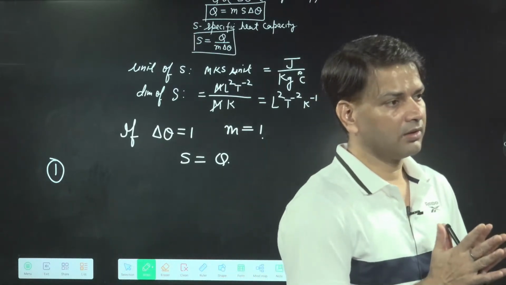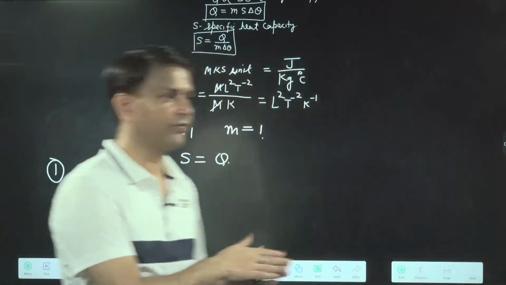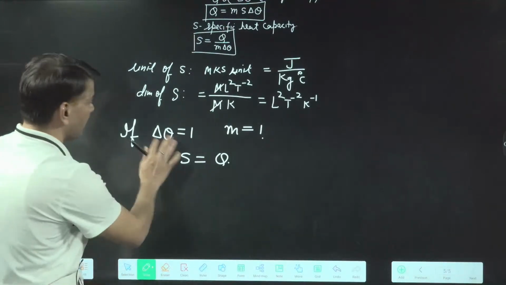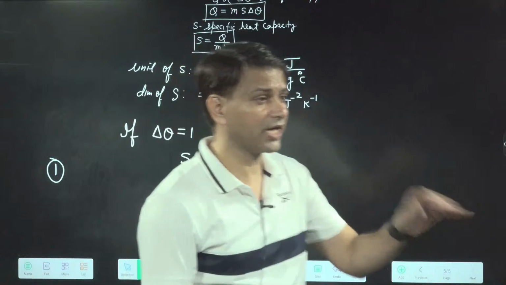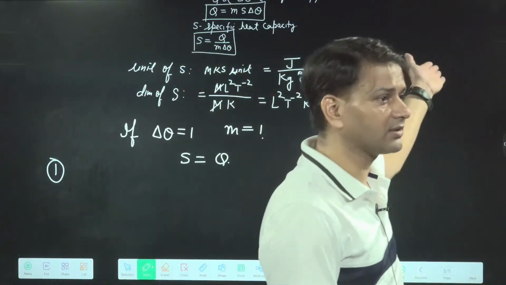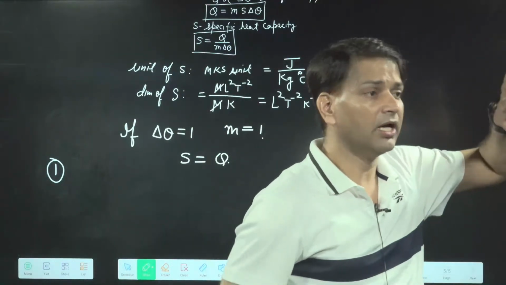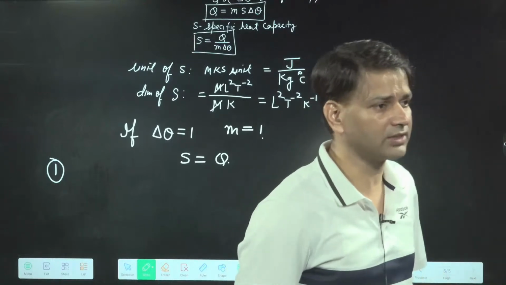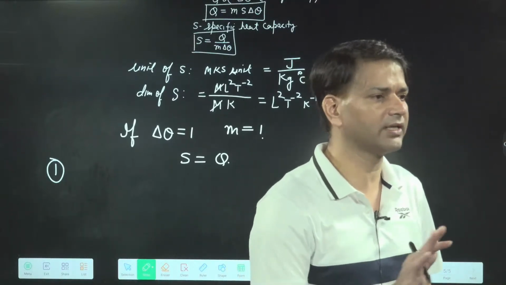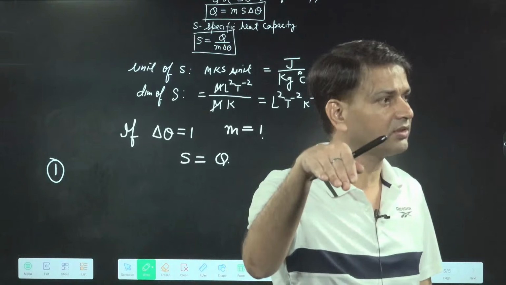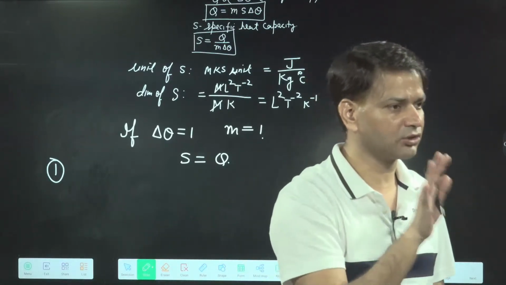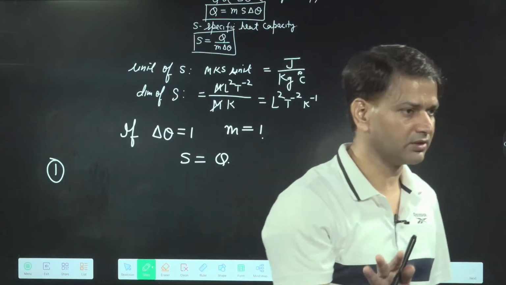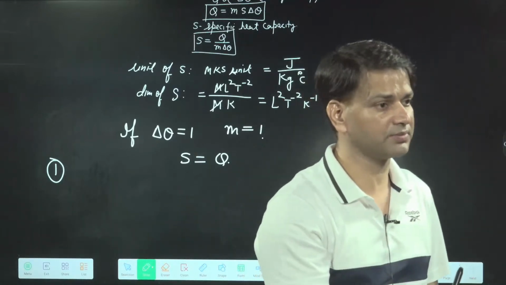Now S unit we got, S dimension we got. On which quantity does S depend? S is the proportionality constant, so it does not depend on the mass of the substance. Whatever the mass you are taking, it doesn't matter, because more mass, more Q required, S will be constant. It depends on the property of the substance.